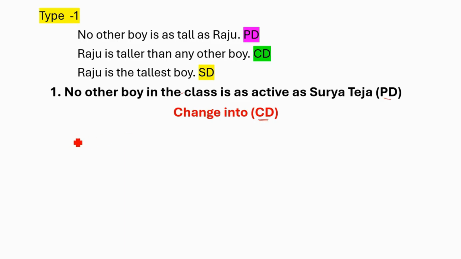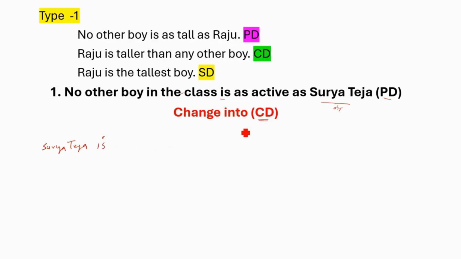What is the object they given? Surya Teja. First write Surya Teja, then the helping verb, Surya Teja is.